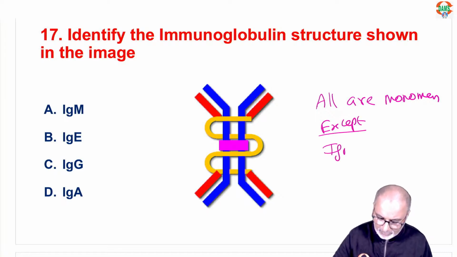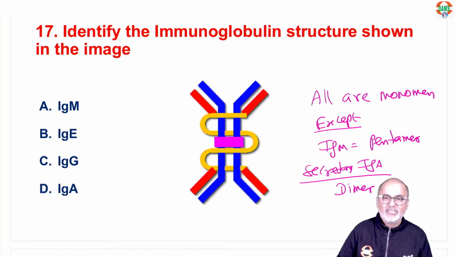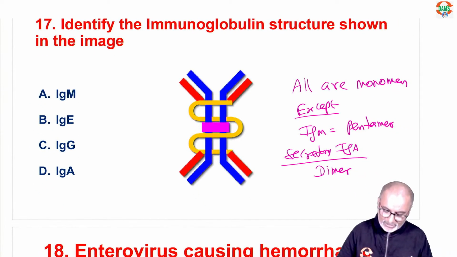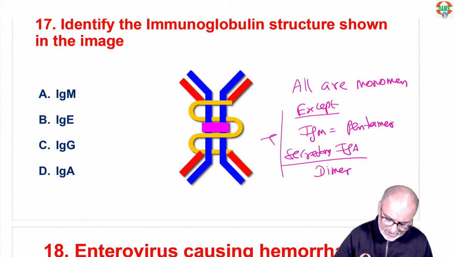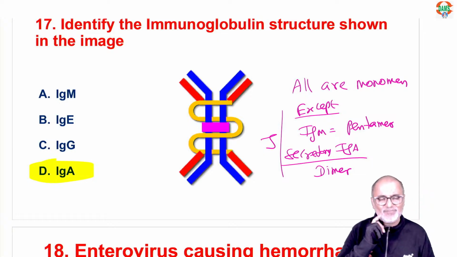IgM, pentamer. Secretory IgA is dimer. These two are having a chain called J chain. Remember the mnemonic? JAM. So IgA, secretory IgA, that's specific.